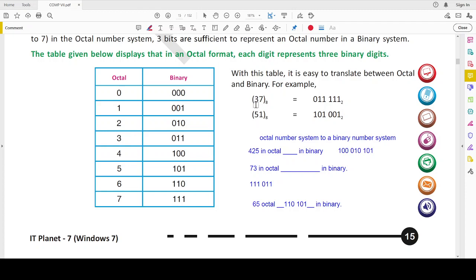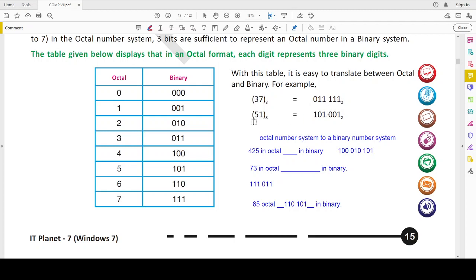You can see 3, 7 in octal. So what will you write for 3, 7 in binary? 3 is written as 0, 1, 1. 7 is written as 1, 1, 1. So 3, 7 is written as 0, 1, 1, 1, 1, 1.